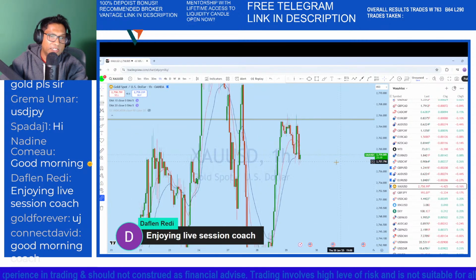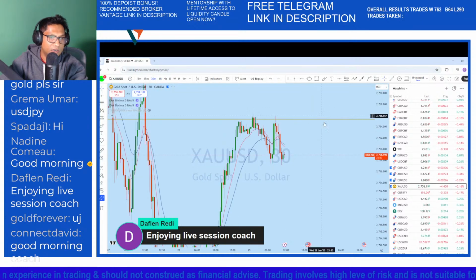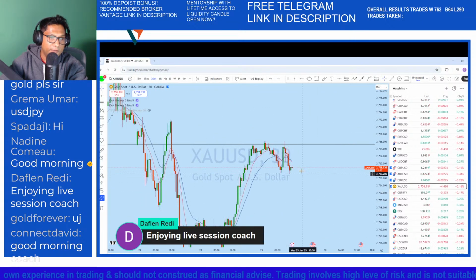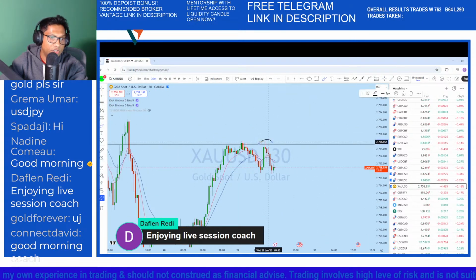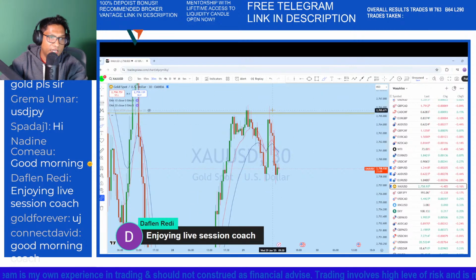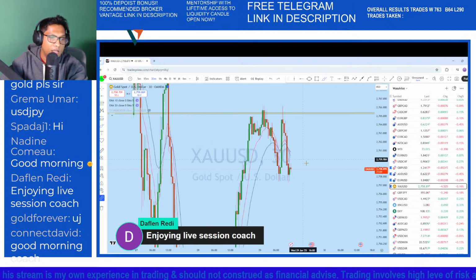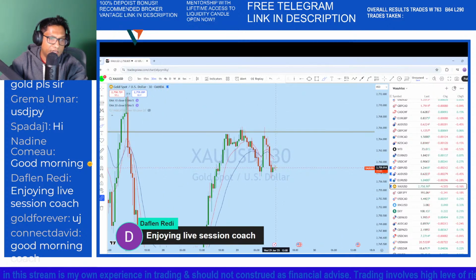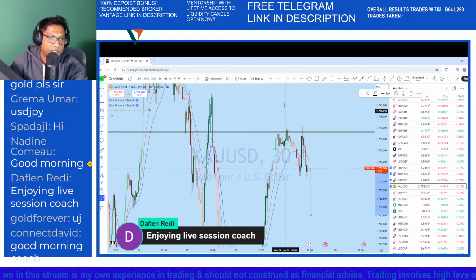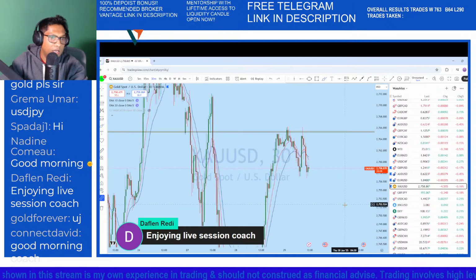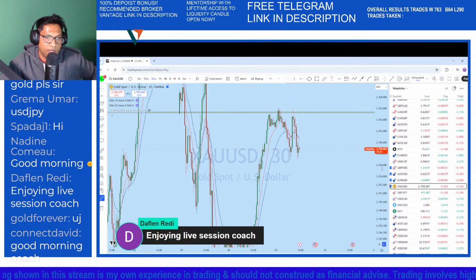Now you can see that this is a 30 minutes perspective on this instrument. This is where there is a triple top formation, and with the triple top, what we can expect from this level here is a big drop to that support level, and expecting the market to trend in that direction to create a new lower low in this market.